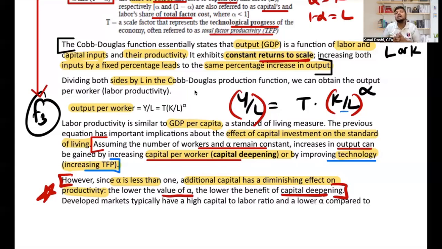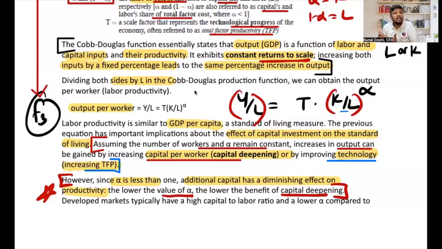What is capital deepening? Capital deepening is basically when you increase capital, the GDP grows. Now, they are saying this is not useful for economies which are not capital intensive, which are more labor intensive, like India, Bangladesh. These economies are more labor intensive.